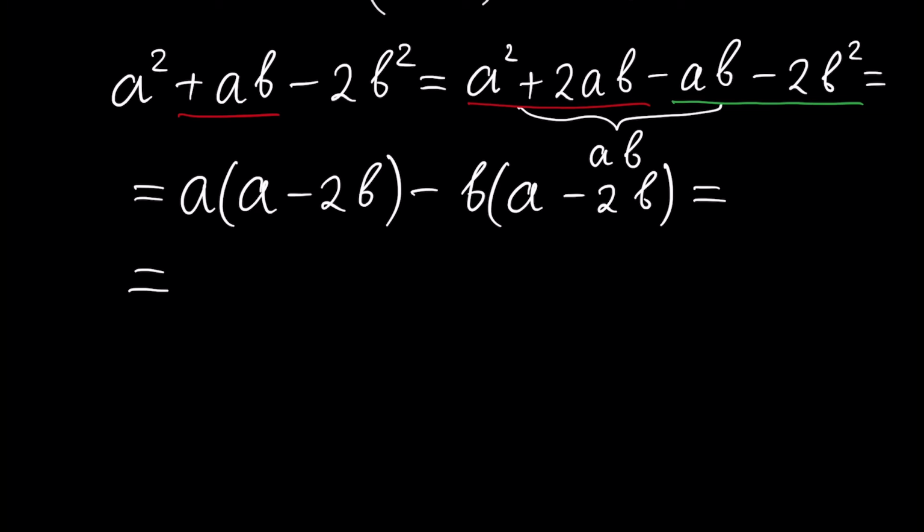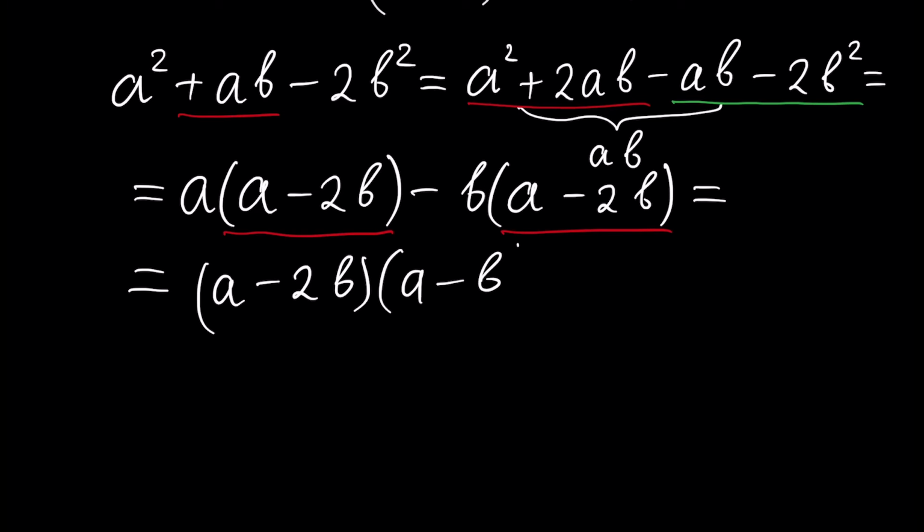Next, we notice that we have the same two factors, and when we take out a minus 2b, we have a minus b. So all in all, we performed factorization and transformed our polynomial as a multiplication of two polynomials.